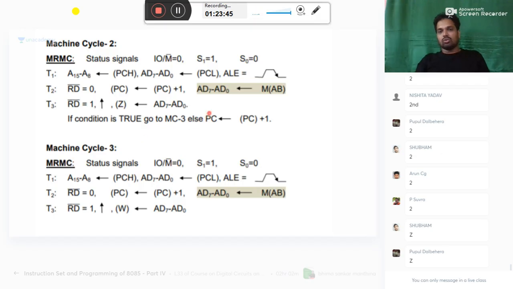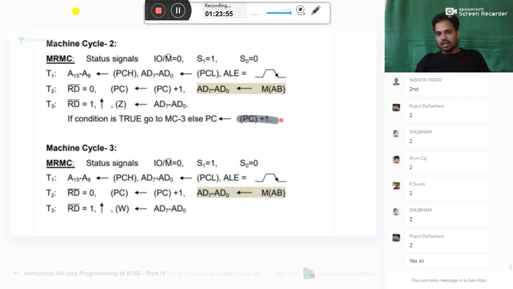Otherwise, go to the next, that is, the program counter will be incremented by 1. That story will be done as it is. Here, please understand, PC is not incremented by 1 again. Already it is incremented by 1, and another increment means it will neglect this. Understand that PC is originally incremented by 2 in that case, because if the condition is not satisfied, we need to skip this now.